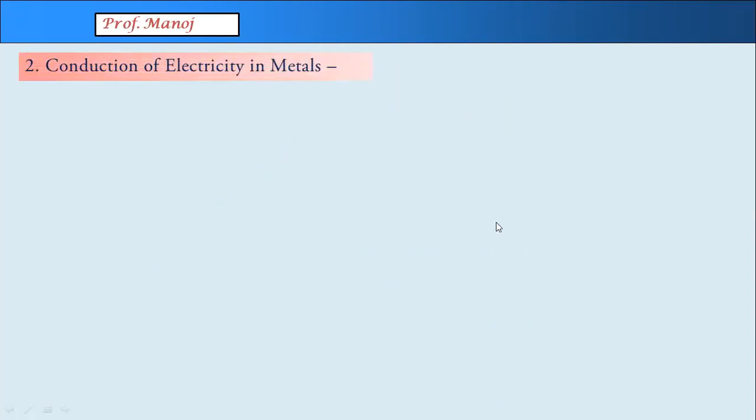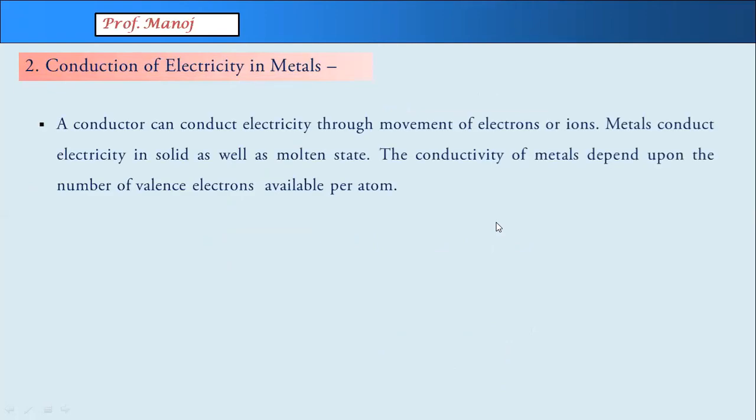We can explain the conduction of electricity simply: whenever any substance conducts electricity, it is through the movement of electrons. Metals can conduct in solid state, and metals can conduct in molten state also. Now, this conductivity depends upon how many valence electrons are present per atom.